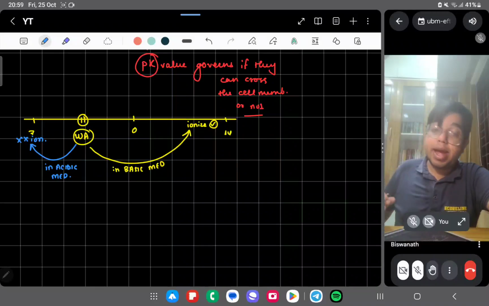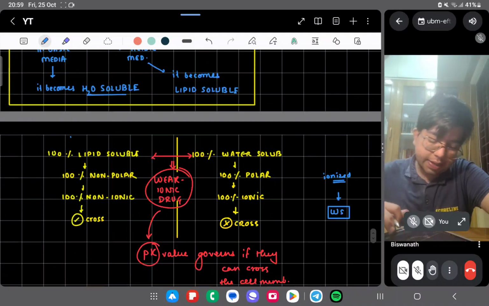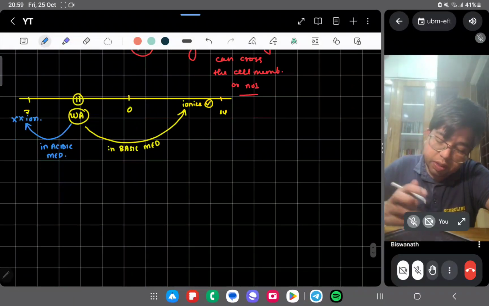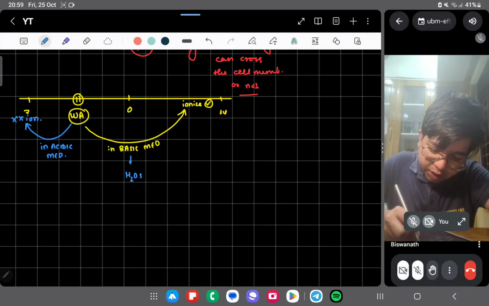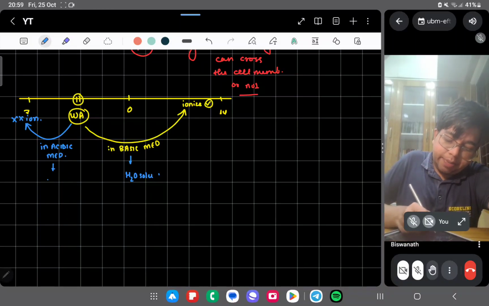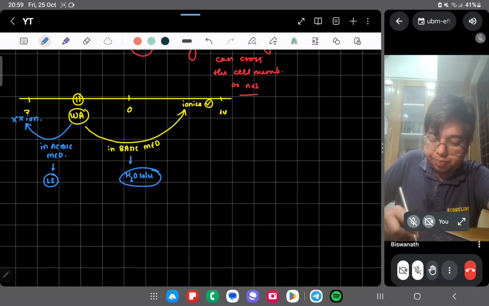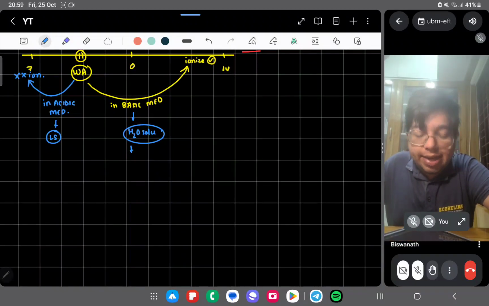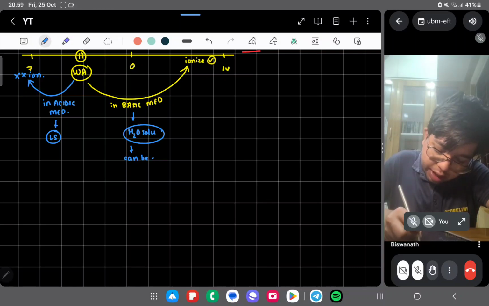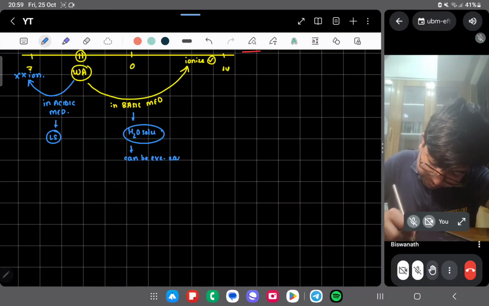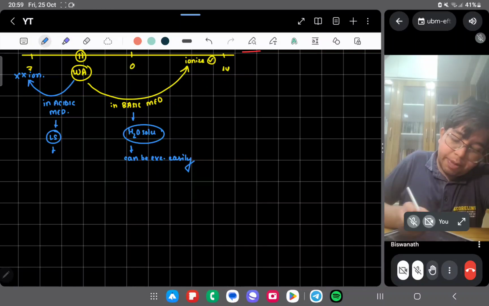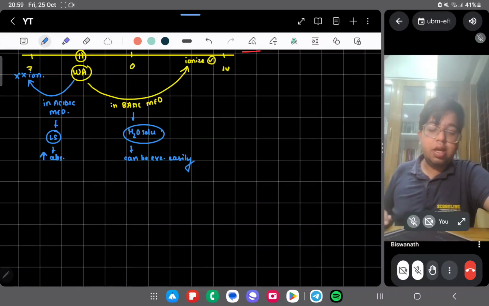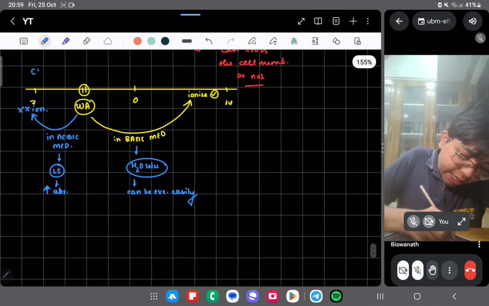So in basic medium it becomes water soluble, because ionization means water solubility, and in acidic medium it becomes lipid soluble. If it becomes water soluble, can it be excreted easily? Yes. If it becomes lipid soluble, can it enter the cell easily? Yes, there is an increase in absorption. Understood? This was our case 1.